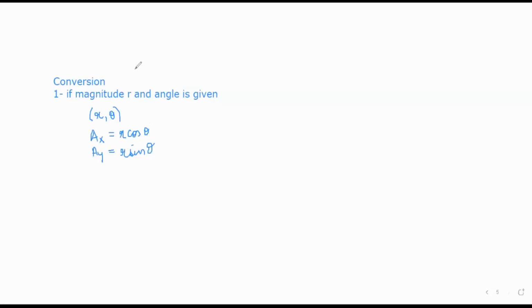And conversely, if components are given, that is, the information given to us is ax comma ay, and we want to calculate r and theta, that also we have seen.